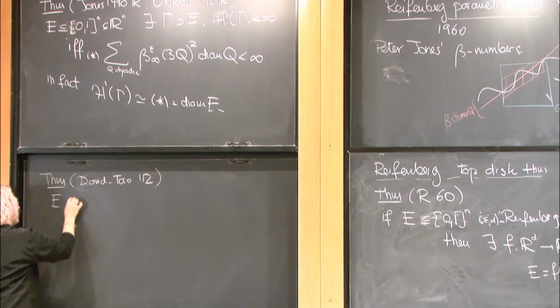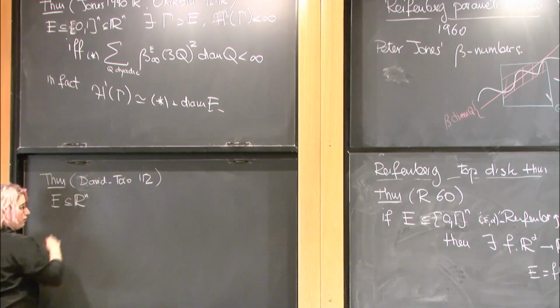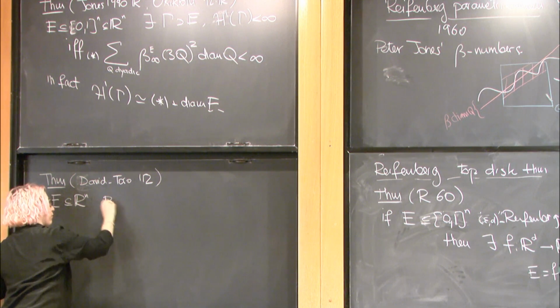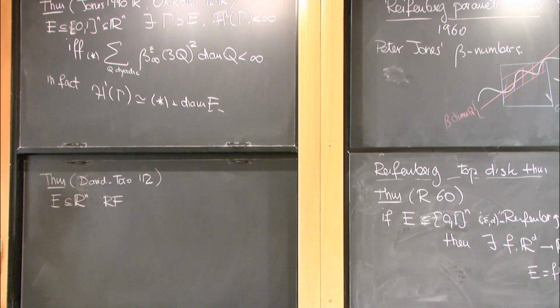So let's write. Okay, so we have always a set E in Rn, which is Reifenberg flat. There is an epsilon, there's a D. They're the obvious ones, so I will not keep writing them.